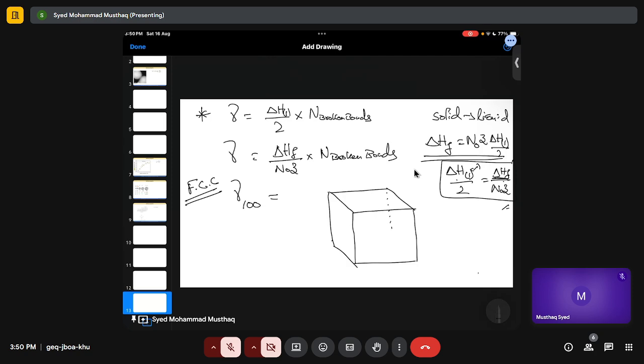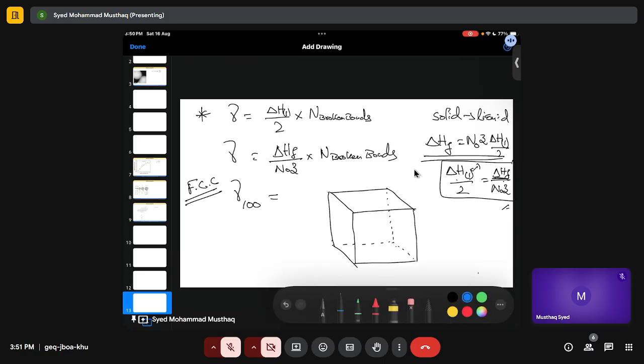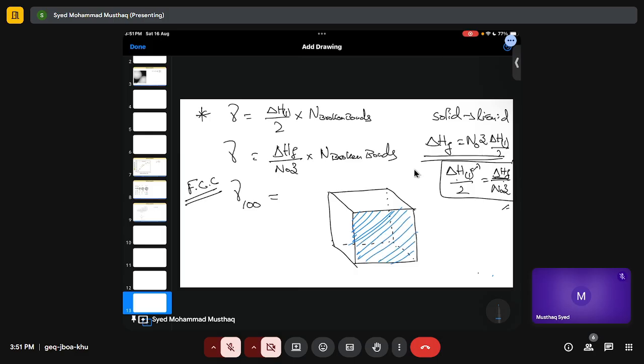And we know what the FCC looks like, so I will not explain it again because I have already explained it. So 100 is nothing but this atomic plane being removed. That is, we are cutting this one. So if this is removed, then all the atoms here, the corners and the face center, will not be here, right? Because we are trying to remove this surface. So these atoms are also removed.